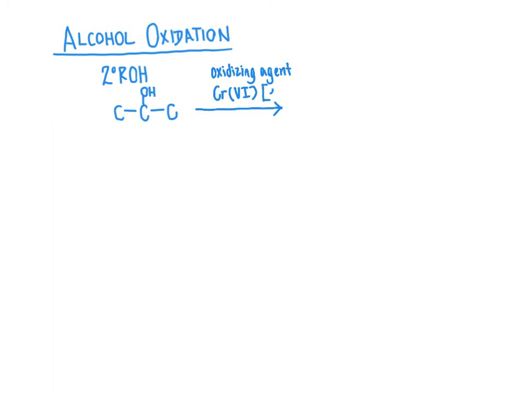So I'm just going to put that in as one possible example here, but there are a variety of different chromium-based oxidizing agents. So this is far from the only one. And so you'll want to take a look at what's available in your reaction mixture if you're trying to decide whether an oxidation is going on or not. And if there's chromium-6, oxidation is a good bet because that is a strong oxidizing agent.